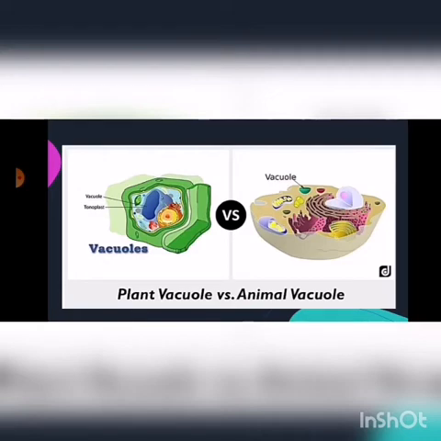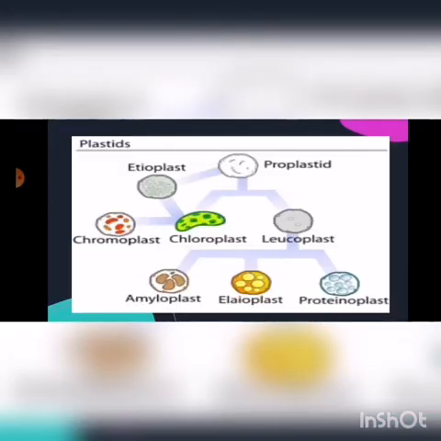Okay. Next organelles, plastids. They are present only in plant cell. Plastids that contain green color pigment called chlorophyll are known as chloroplast. There are many varieties of plastid.